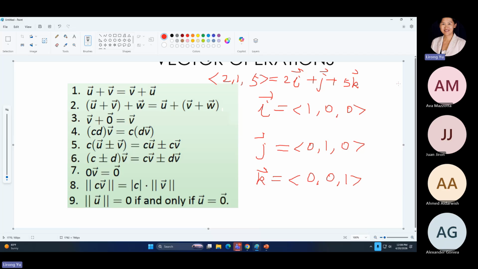Essentially the coefficients of i, j, k are the components 2, 1, 5. So that's the component form and this is the vector form, but they're representing the same thing. The i, j, k are special vectors, and each one already indicates a certain direction.